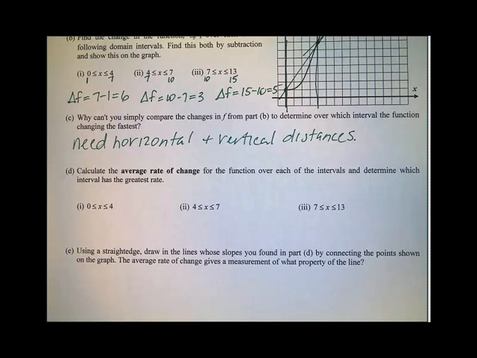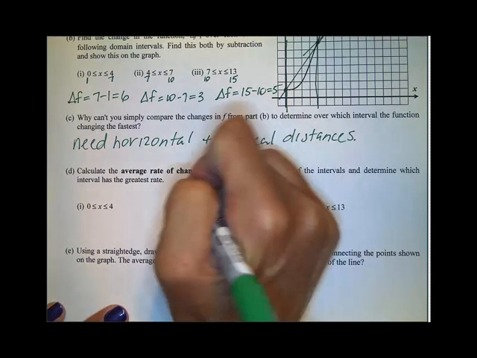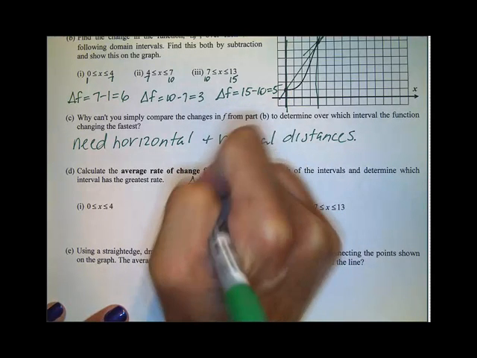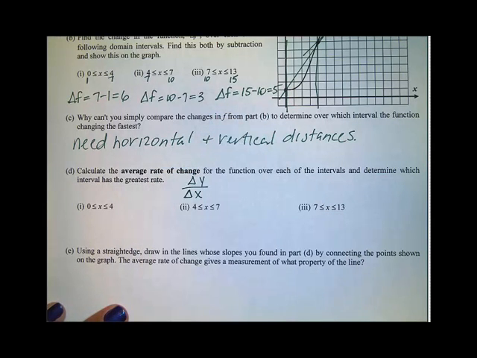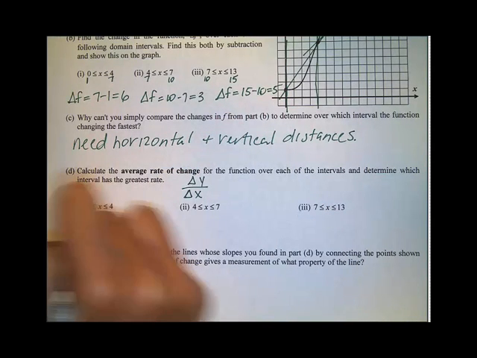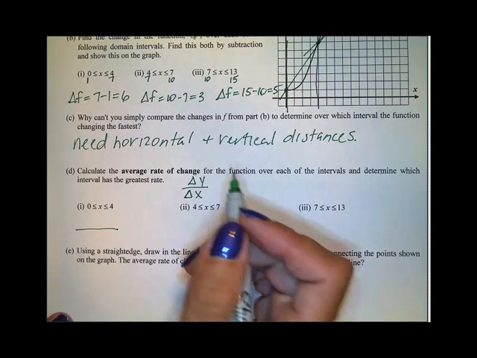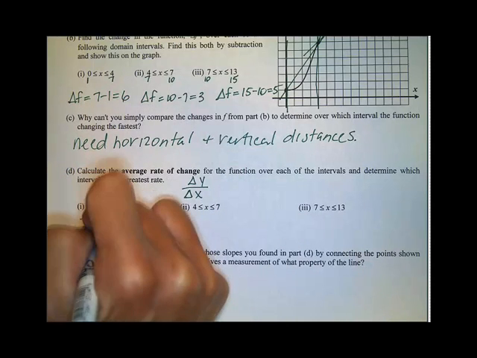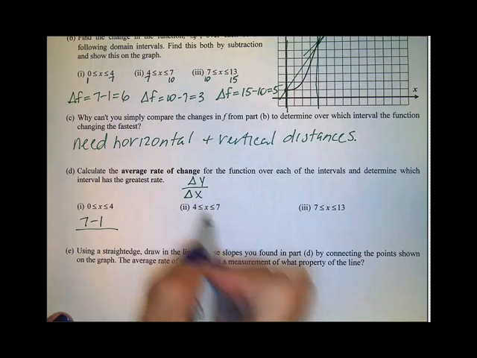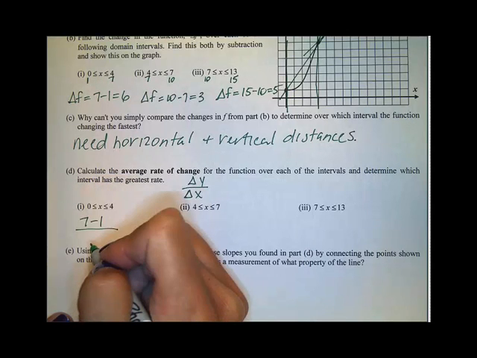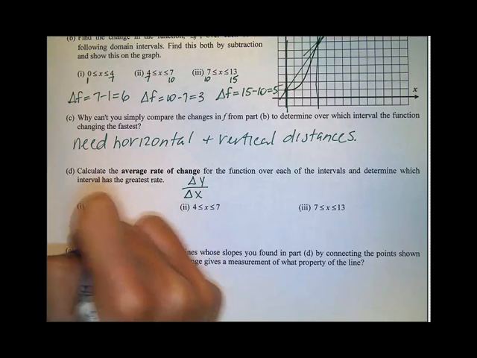To find the average rate of change, we need the horizontal and the vertical. The average rate of change is the change in y over the change in x. The change in y, we said, was 6, or 7 minus 1, and the change in x is 4 minus 0.